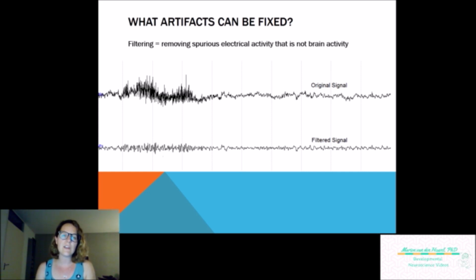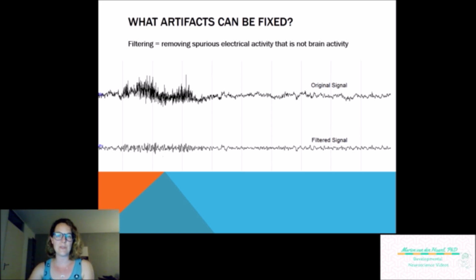As you can see here, a filter was used to remove higher frequency electrical activity, and this is a really nice example of successful filtering where the high frequency was filtered out and the data looks a lot better.